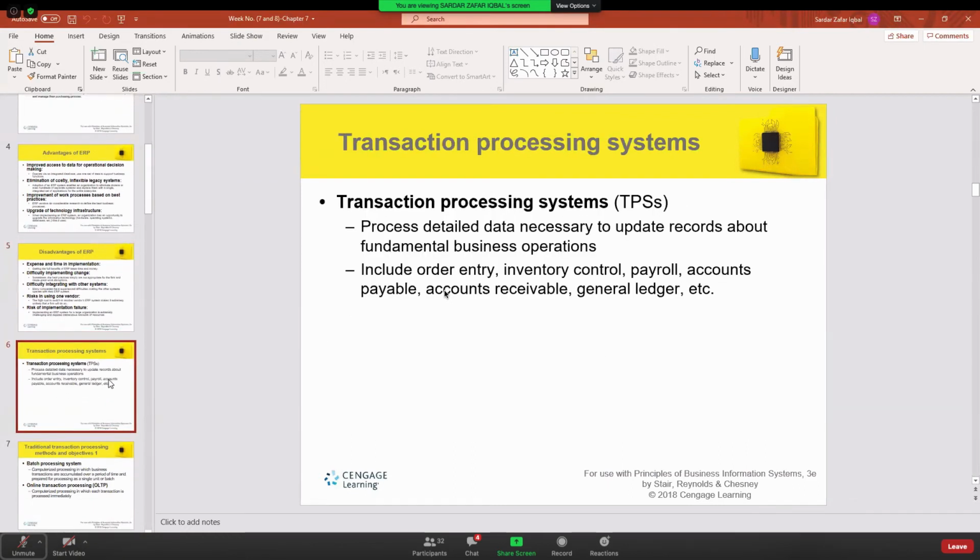So the next example is another system. So far we discussed the ERP, the big system that includes everything. Now we are moving towards another subsystem called TPS, Transaction Processing System.